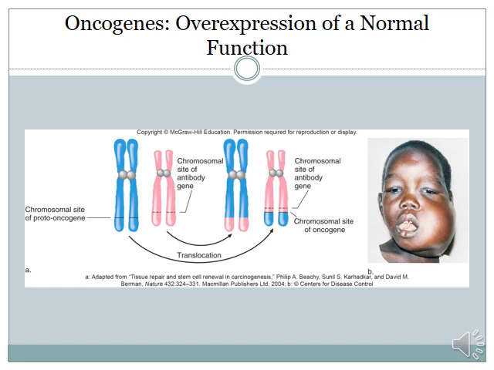Overexpression of the translocated proto-oncogene, now an oncogene, triggers the molecular and cellular changes of cancer. In B, you see a child who has Burkitt's lymphoma, which typically affects the jaw.